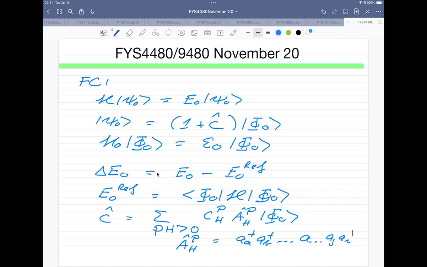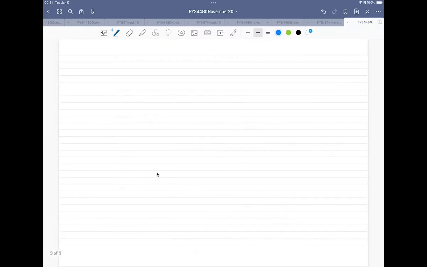Now, this wave function which we have, the psi zero, is equivalent to what we called the exponential ansatz. And we proved that for a general operator of this type, Thouless theorem for the one-particle, one-hole excitation is already an example of that, we could actually rewrite psi zero in terms of what we call the exponential ansatz.